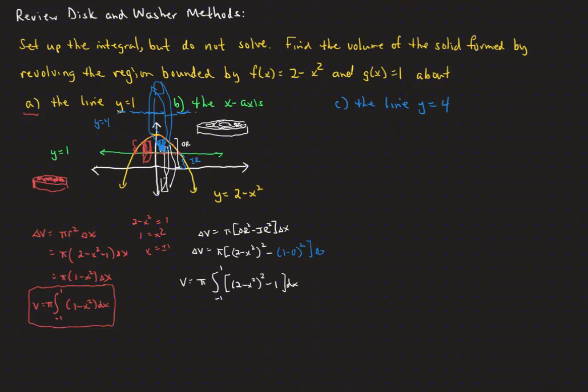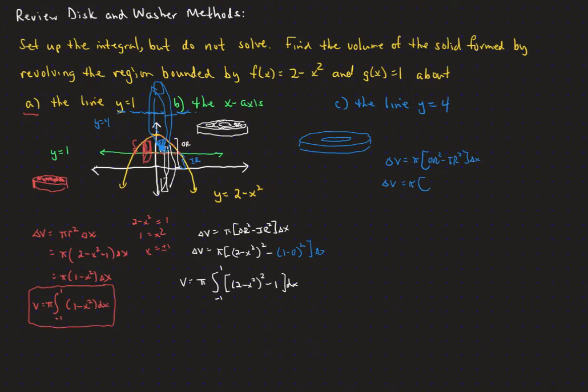We're going to get that big washer. That is, we're going to get something that's got a pretty good sized hole in it. But it's still going to be a washer, so it's going to look something like that. So that delta volume is still going to be pi times our outside radius squared minus the inside radius squared times a delta x.